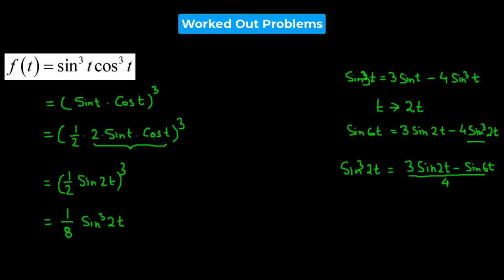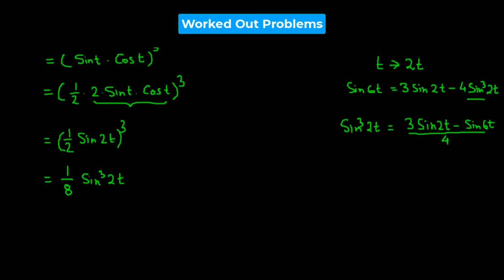So we're going to get 1 over 8. So 8 times 4 will be 32, multiplied by 3 times sine 2t minus sine 6t.